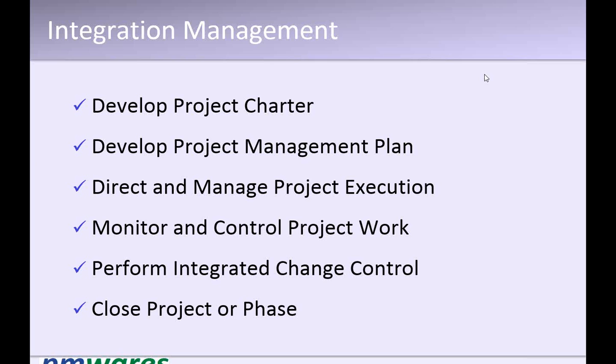One doubt which has come. Yes, go ahead. When we are saying this repository or the deliverable, how do you distinguish? Because we said that as a part of the execution phase, we have the delivery or deliverables.